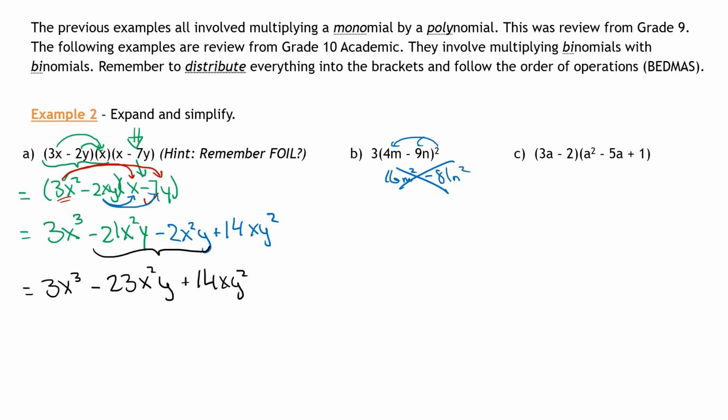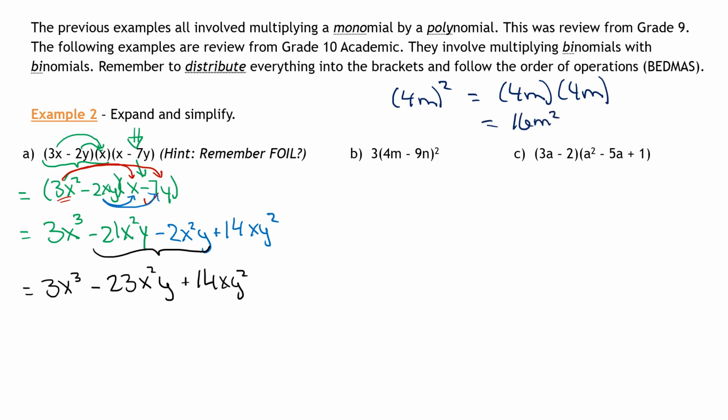The reason sometimes students do that is because when you first learned about exponents, you talked about monomials. So if you just had 4m squared, just a monomial, so that's the same as writing 4m times 4m, which is 16m squared. So it's like you're taking the exponent, right? Because it's a monomial, that's exactly what you're doing.